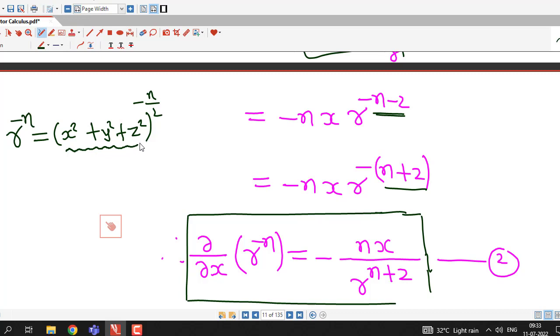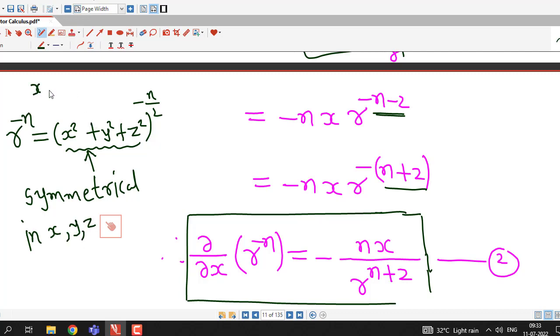So you can see, if we interchange these variables, if we replace x by y and y by z, or if we interchange x and z and x and y, then this function will not change. That means it is a symmetric function in x, y, z, or we can say that r raised to minus n is symmetrical in x, y and z.